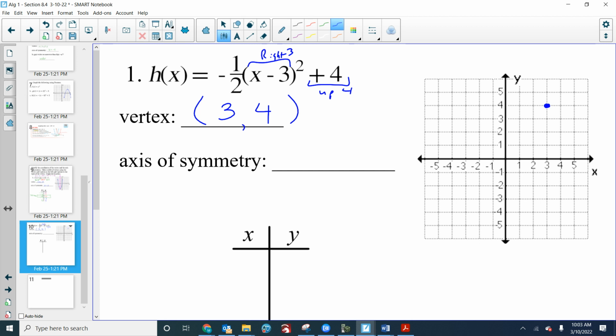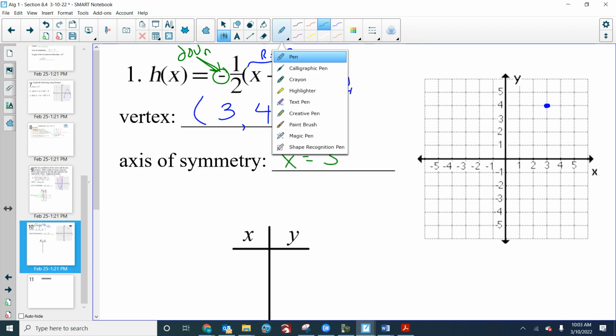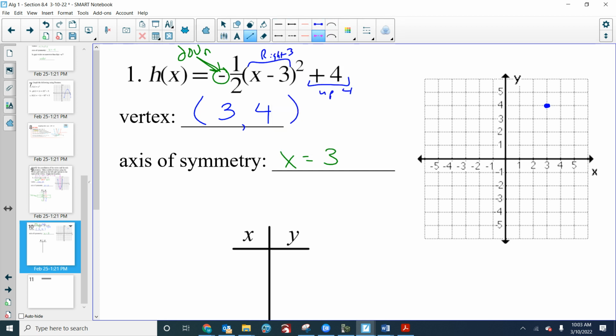Opening up or down? Opening down. Nice. Axis of symmetry is 3. So our axis of symmetry is x equals 3.